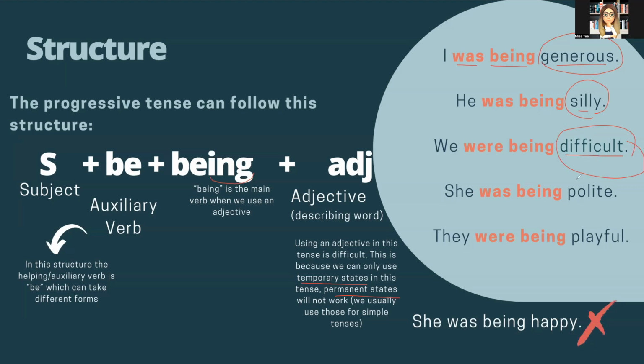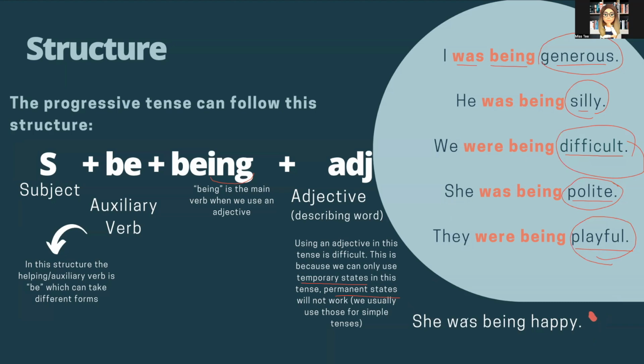On the opposite end, we have polite. So we're not always polite 100% of the time either. So we could say this is temporary only in certain social situations. They were being playful. And so here again, you're only playful sometimes. It's kind of temporary if you're playing with your pets or your kids, for example, or your friends.